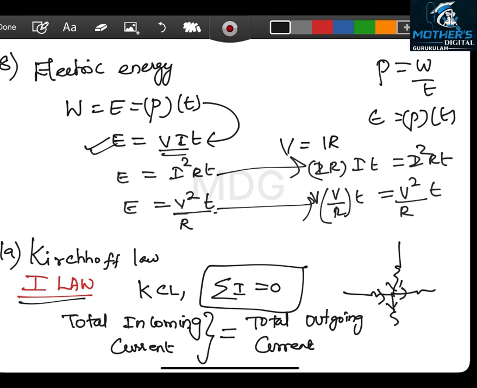If the arrow mark is towards the junction, it is called incoming current. If the arrow mark is away from the junction, it is outgoing current. So the total current at the junction point is 0, summation I equal to 0. It can also be written as total incoming current equal to total outgoing current.